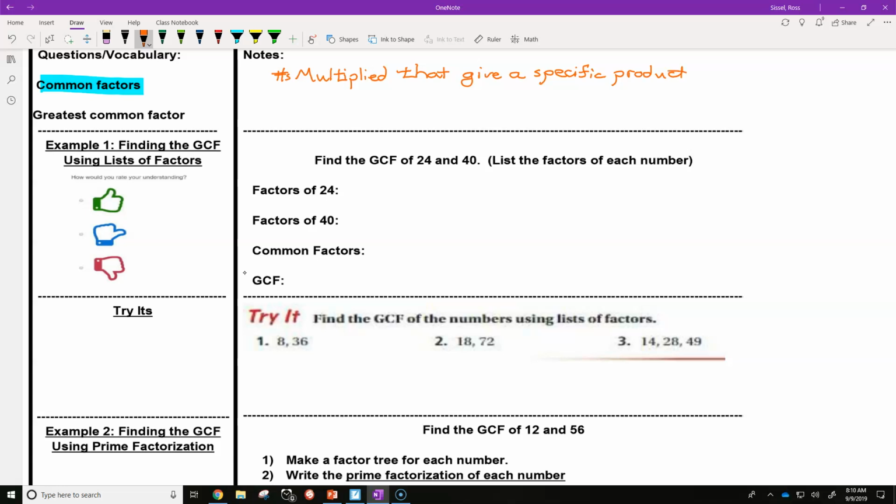Alright, so that's what factors are: numbers that are multiplied that give me a specific product.